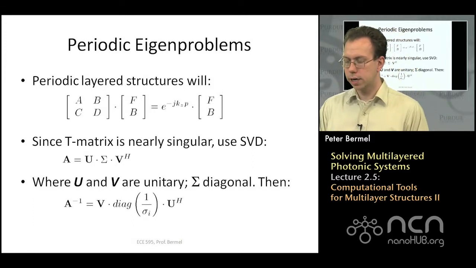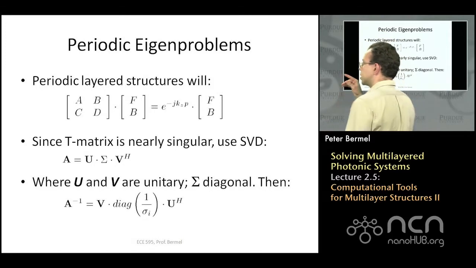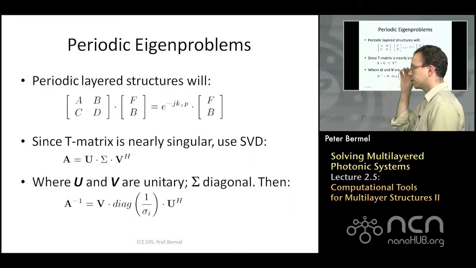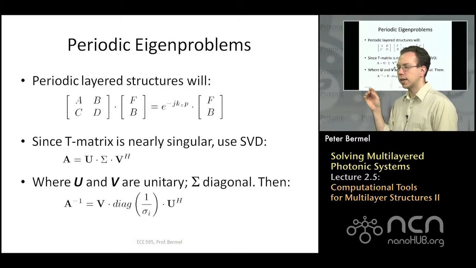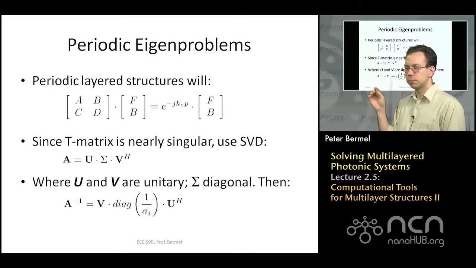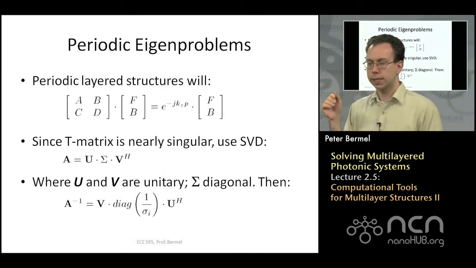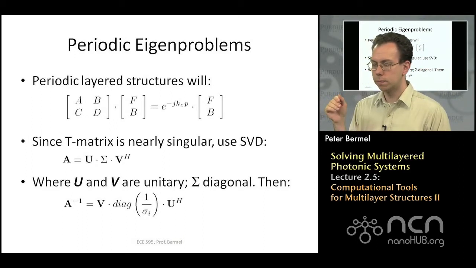And so you can see here, this is a standard numerical technique where we take our A matrix, which was from above, and break it up into three terms: the U, VH, and the sigma. The sigma represents the eigenvalues of the problem of A, and the U and VH are unitary matrices that help us construct the eigenvectors later on.